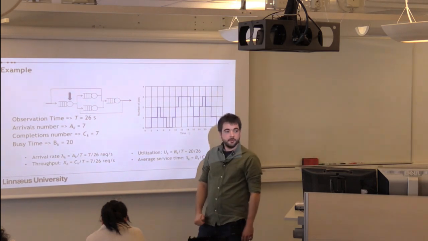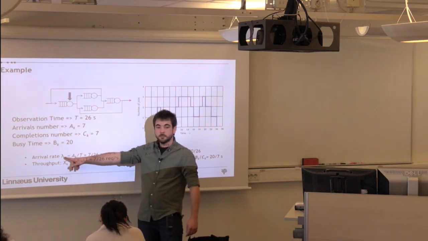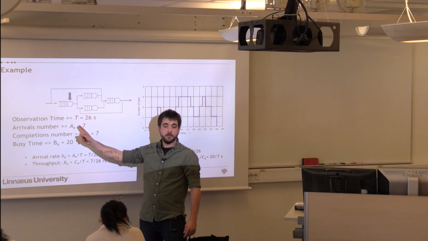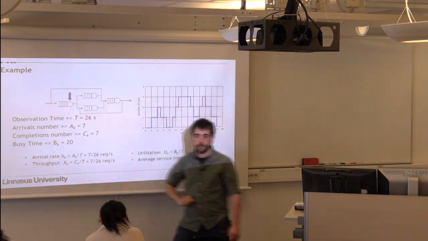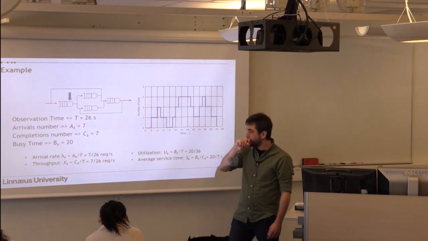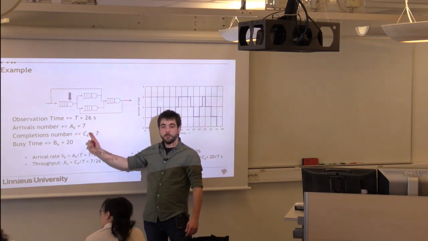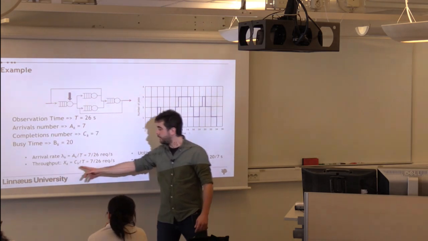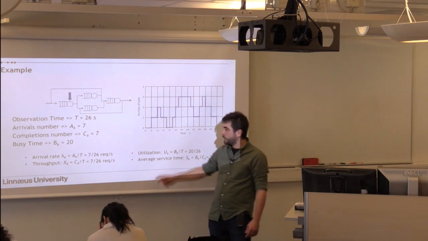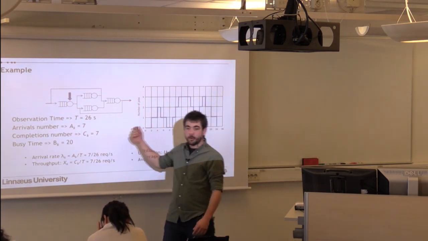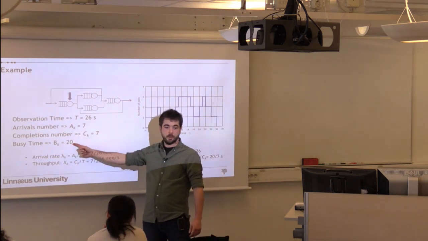So the frequency of arrivals to this resource was the number of arrivals divided by the amount of time we have observed the system. So 7 divided by 26 requests per second. The throughput, the same. How many jobs were completed? 7 divided by the amount of time we have observed the system. The utilization: we observed the system during 26 seconds, and it was busy during 20.